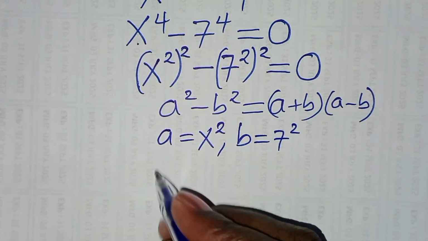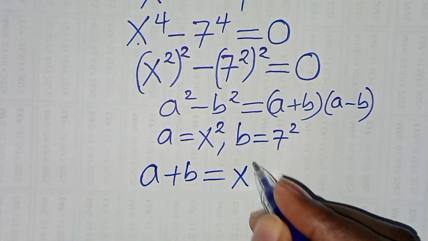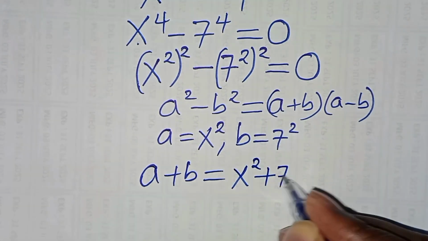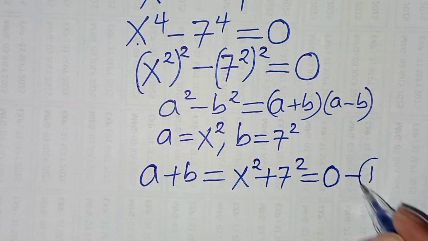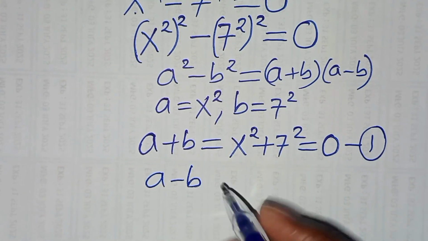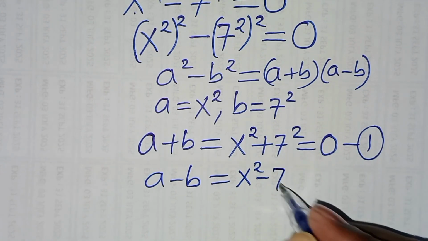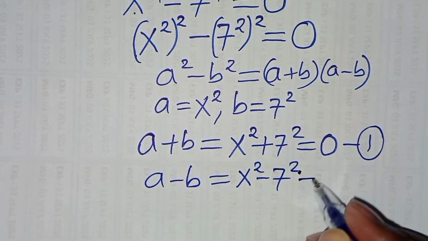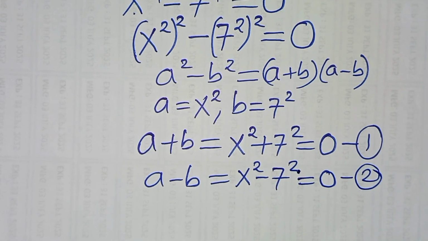And this implies that a plus b, this is equal to x to power 2 plus 7 to power 2, which is equal to 0. Let's call this equation 1. And a minus b, this is the same thing as x to power 2 subtract 7 to power 2, this is equal to 0. Let's call this equation 2.